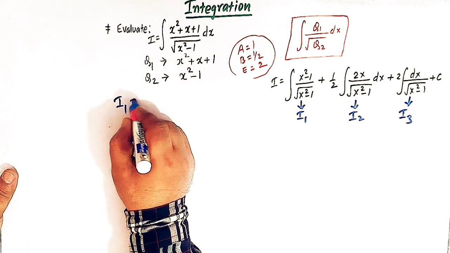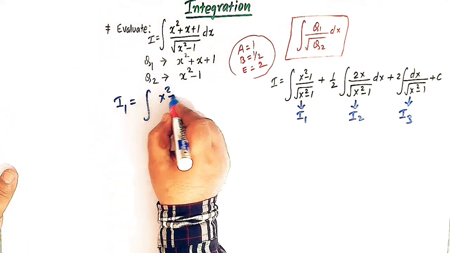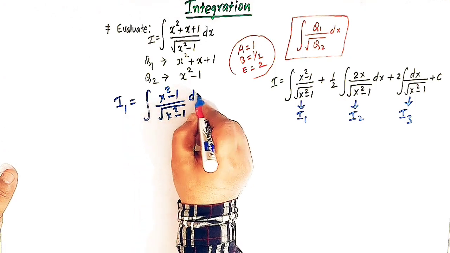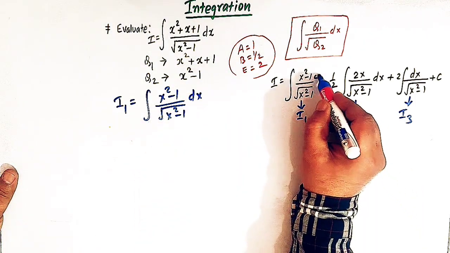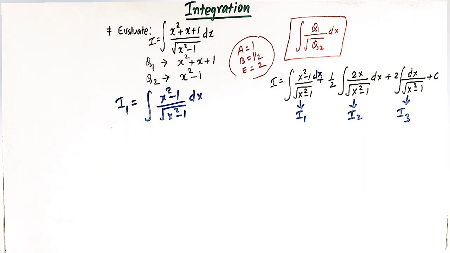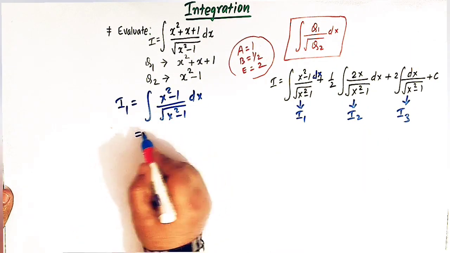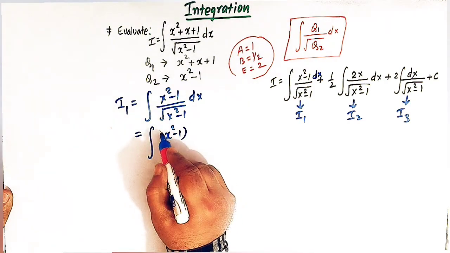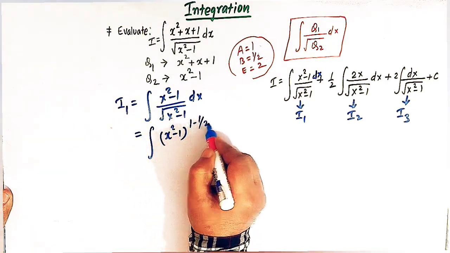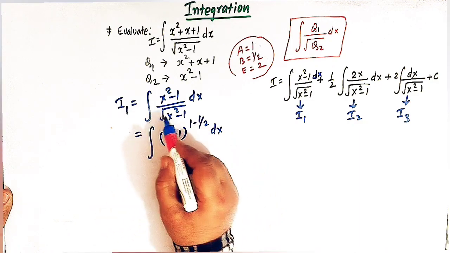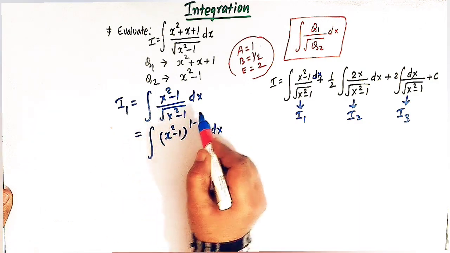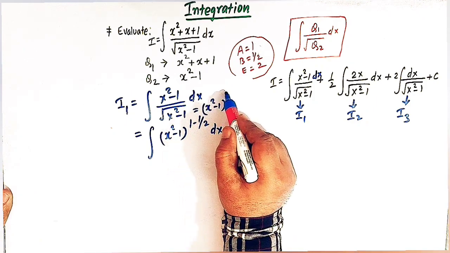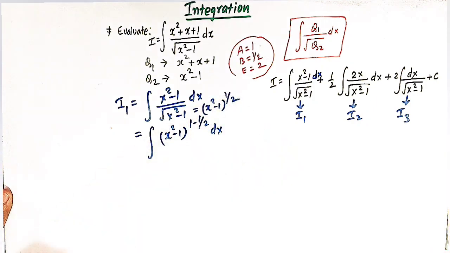So I1 is the integral of (x² − 1) over √(x² − 1) dx. Now we can write this integrand as (x² − 1) raised to 1 minus half dx, because √(x² − 1) can be written as (x² − 1) raised to half, right?